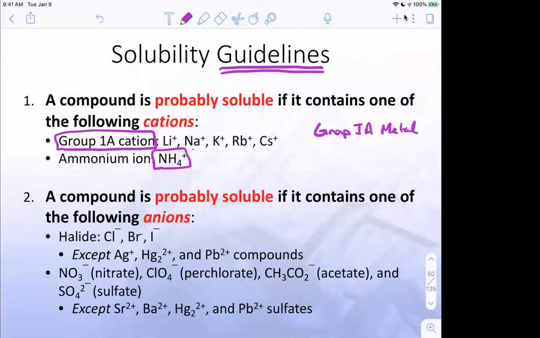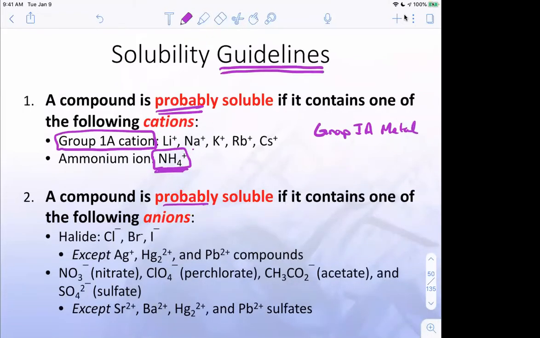If my compound contains one of these group 1A cations or ammonium, the only positively charged cation that's important in this class of chemistry, it will probably be soluble. Mostly it will be soluble.